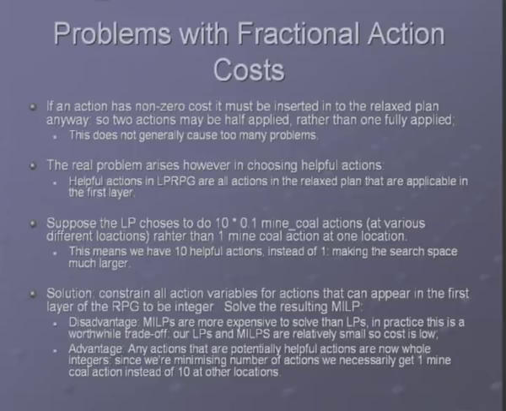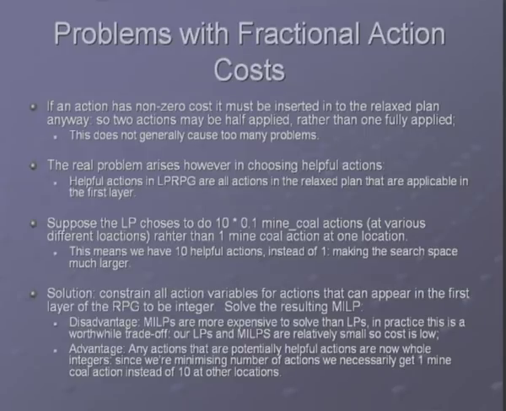So it's a harder problem to solve, and we're minimizing the impact by only doing this for helpful actions. Well, actions that could potentially be helpful actions, those that appear in the first layer. The rest are still non-integer values, and they can take 0.1 value. But if it's going to be a helpful action, we're going to insist it's got an integer value.